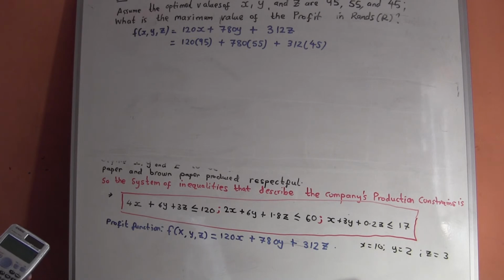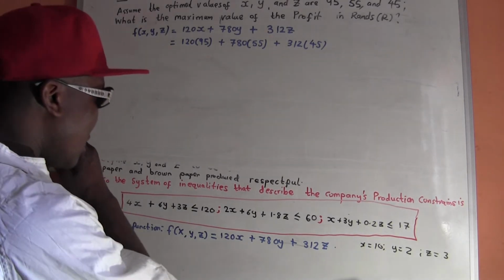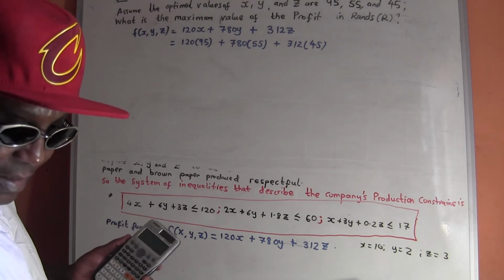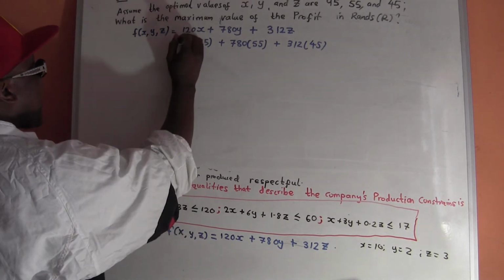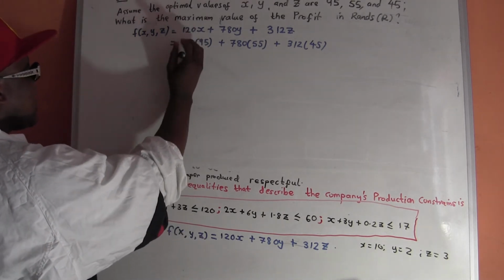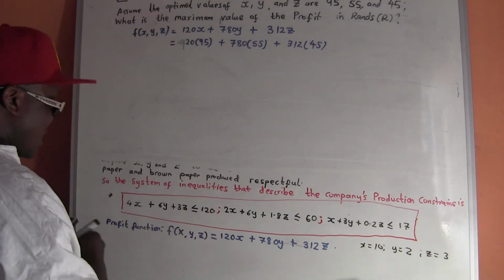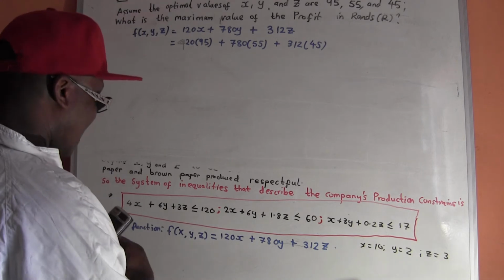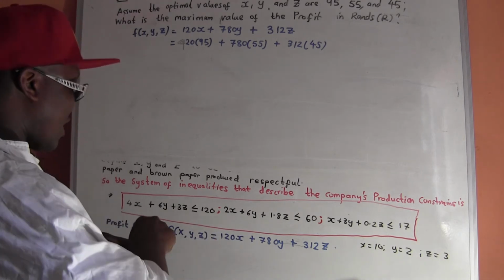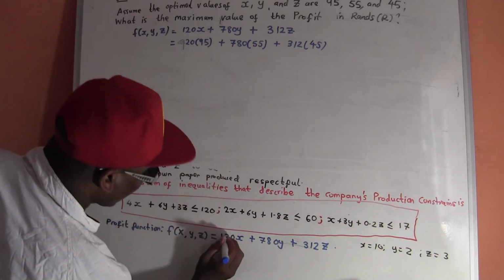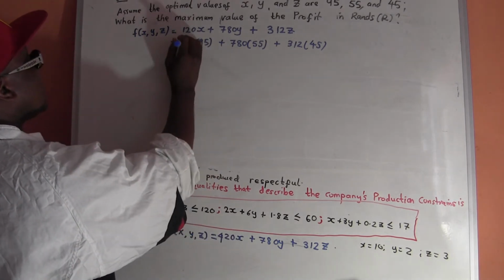My apologies, I made a mistake. This is 420. I think the way I copied from the beginning, this is 420 for the profit. I copied the question wrong according to the question. This is 420.